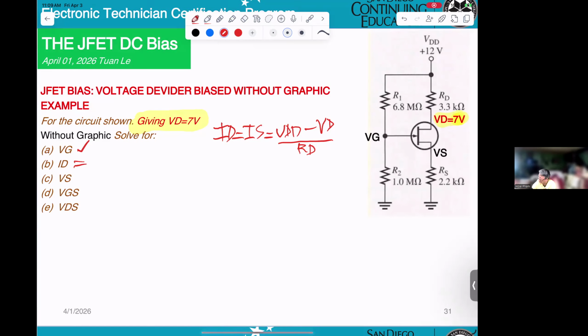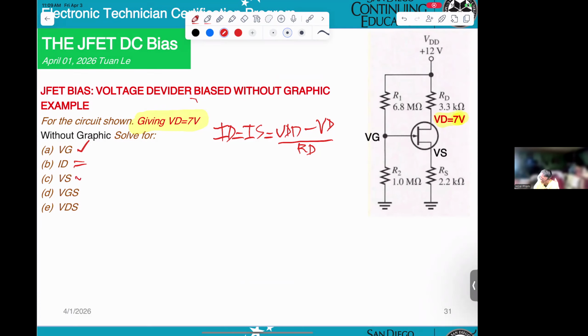ID equals VDD minus VD, that means 12 minus 7 divided by 3.3K.